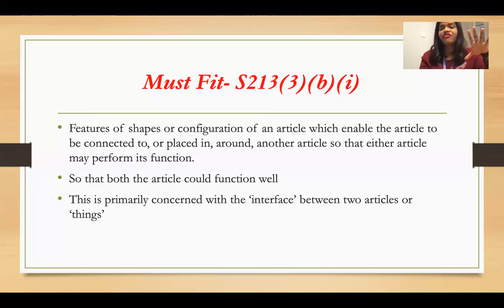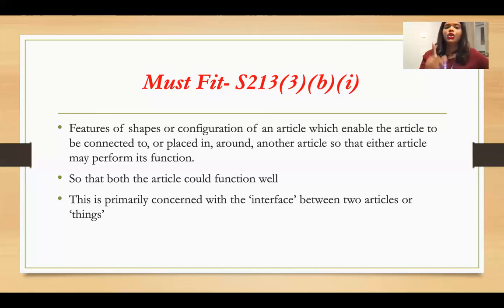You see there's interference, the connectivity of these two things. Only if I connect these two things would that be considered a functioning product that falls under must fit.